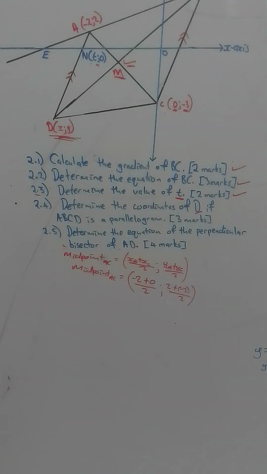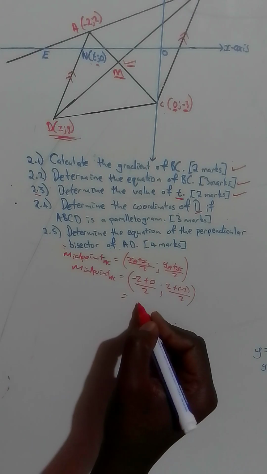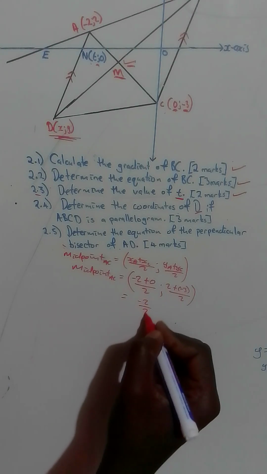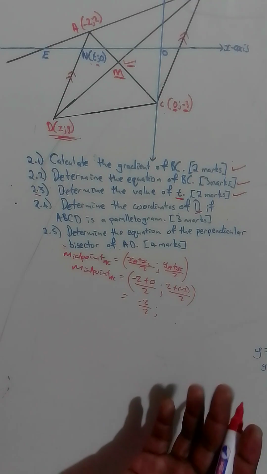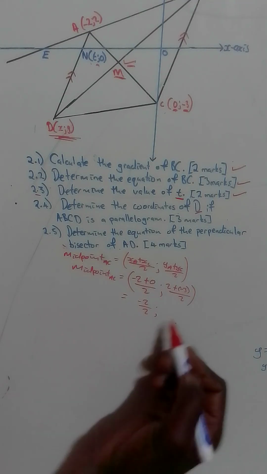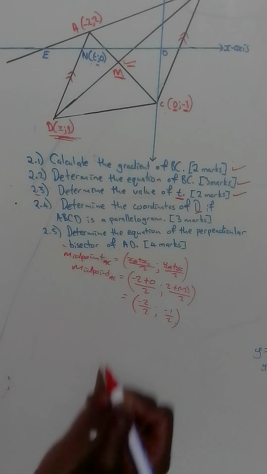Then I've got, right? So when I continue now, I say -2 plus 0, that's a -2 divided by 2, and then here positive times negative, it's a negative, and 2 minus 3 is -1, so I've got -1 here over 2, like that.